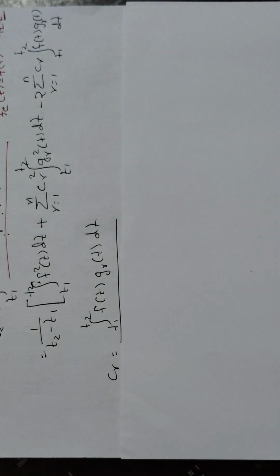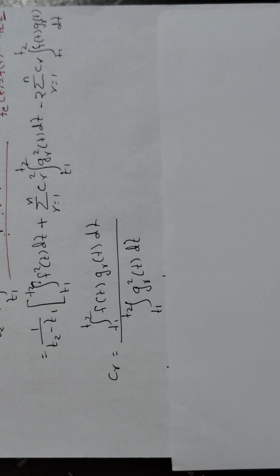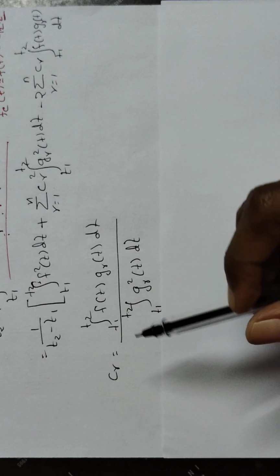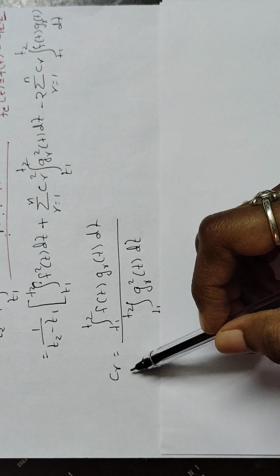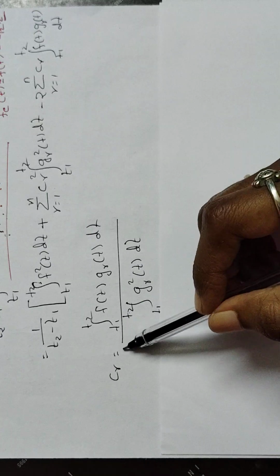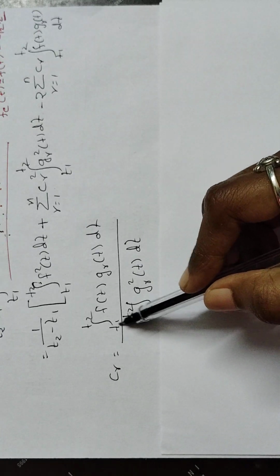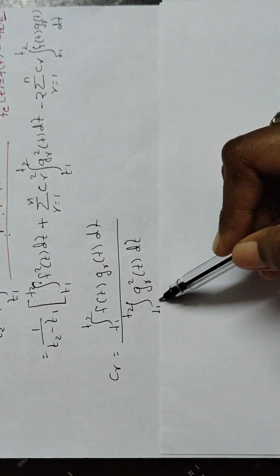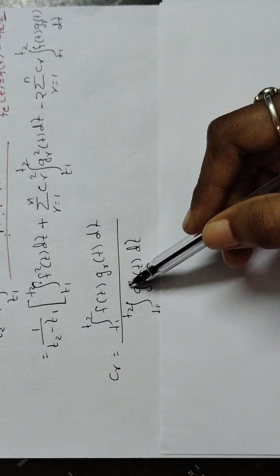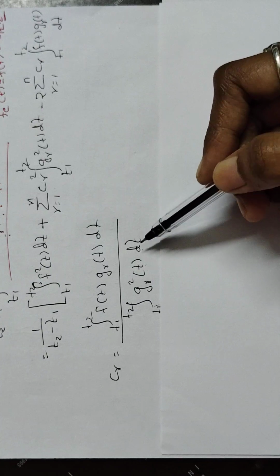So we have to write this equation in the form of a minus b whole square. Now cr, the r-th component value, is equal to integral t1 to t2 f of t gr of t dt divided by integral t1 to t2 gr square of t into dt.